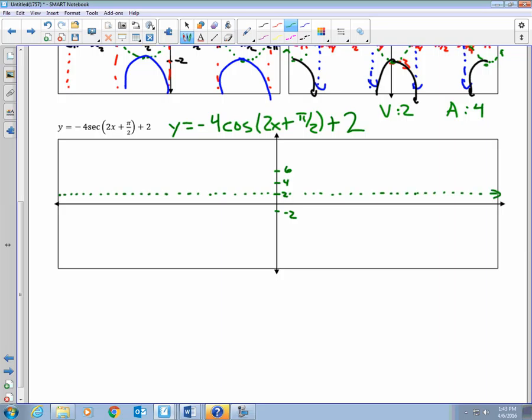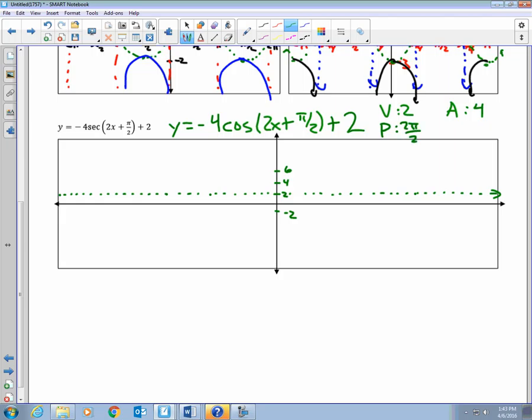Remember when we set them up like that for sine and cosine? Same type of business. We add 4 to the vertical shift, and we subtract 4 from the vertical shift. That tells us our maximum and minimum values. Okay, question. The period, 2 pi divided by 2.